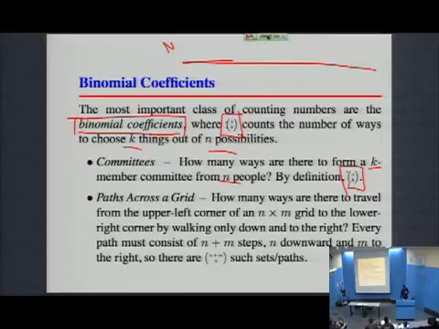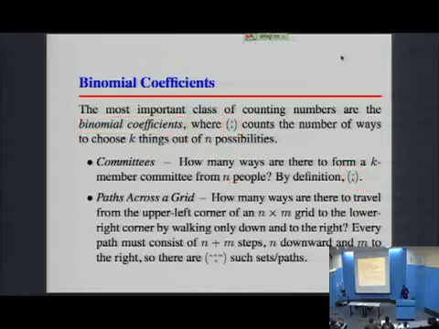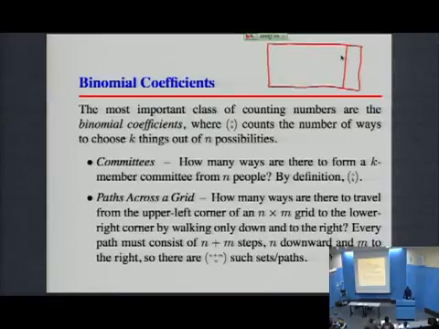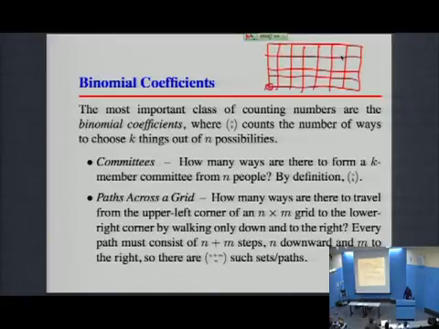Here's another question, where binomial coefficients are very useful counting numbers. Suppose you are in Manhattan, and you get into Penn Station. Penn Station is on 7th Avenue and 33rd Street.